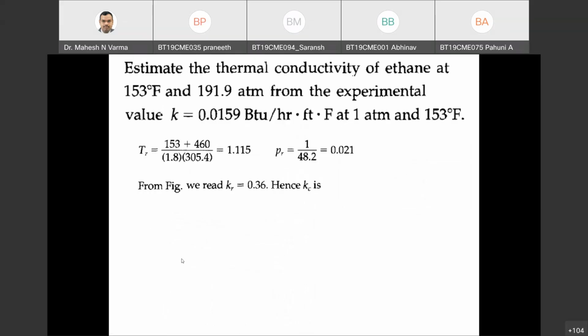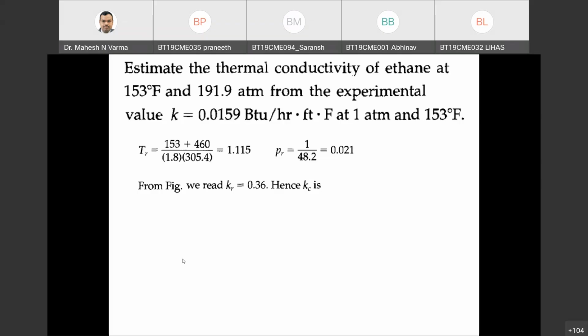Hence, you can get the value of Kc. What will be the value of Kc? Here, roll number 32. Sir, we divided K by the reduced value and got 0.0442. What is the unit? BTU per hour feet degree Fahrenheit. Yeah, very good.